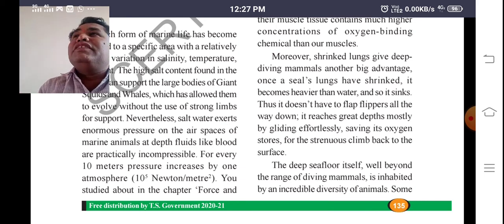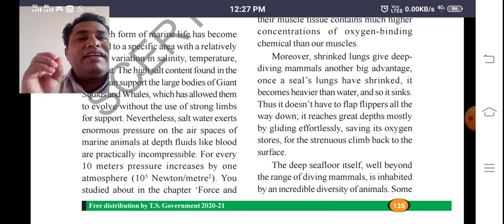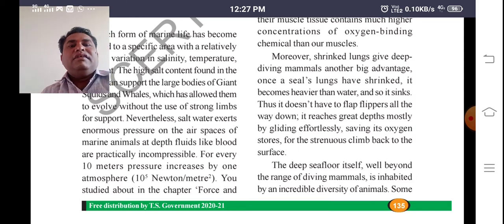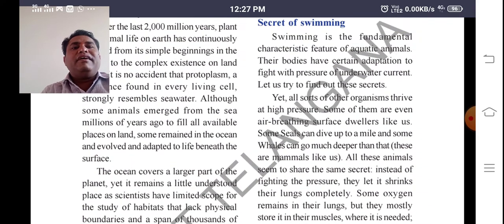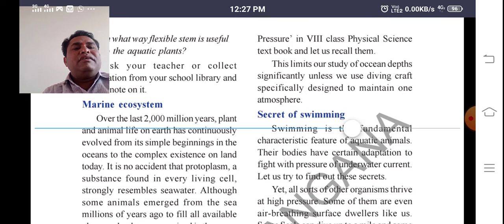So the organisms which can bear this salt content can survive in this condition. Now let us take the pressure: for every 10 meters you go deeper, the pressure increases. You studied this in the physical science chapter, force and what we call pressure. So now this limits our study of the ocean's depth.